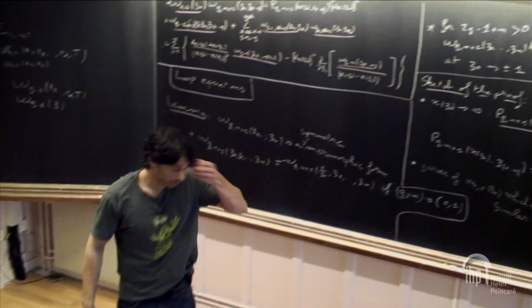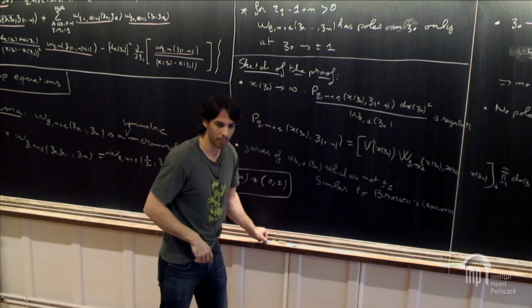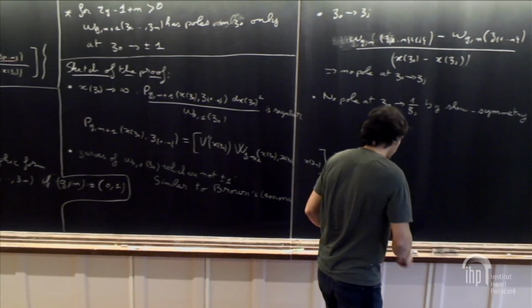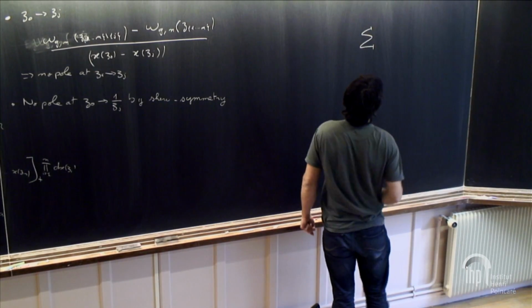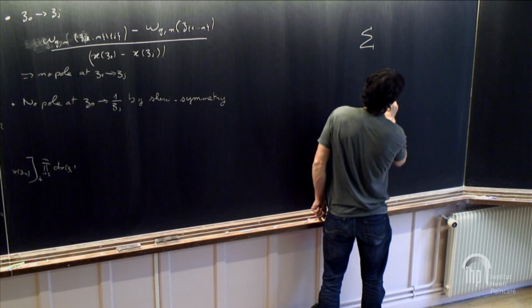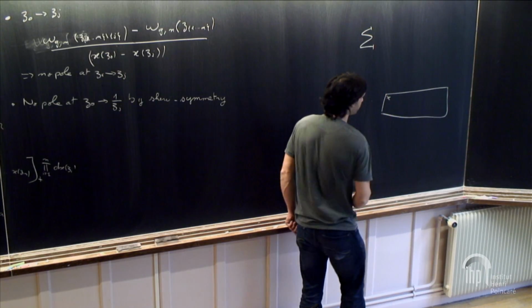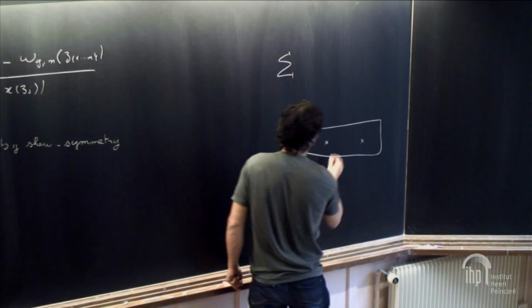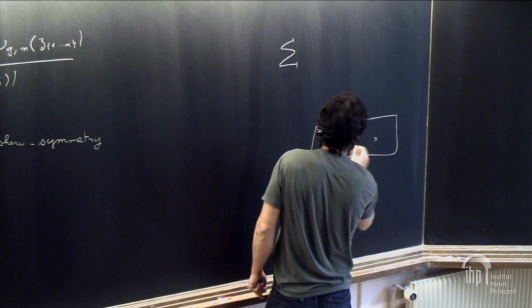Yeah, so that's the coordinate I took. I will come back to this. So maybe I can remind you the shape of this surface sigma. One way to think about it is to say, I've got the complex plane here, which is parameterized by x. I've got 2 points here, which I call a plus and a minus.